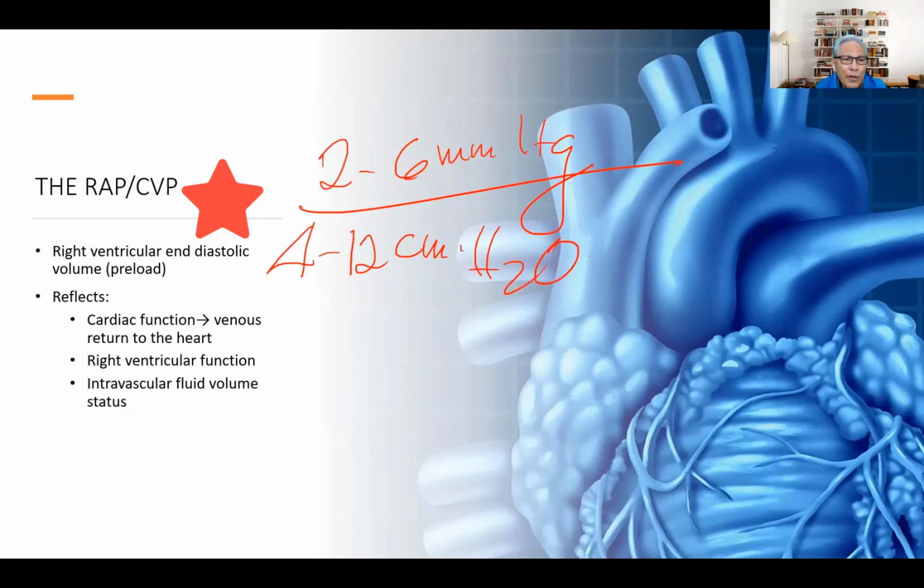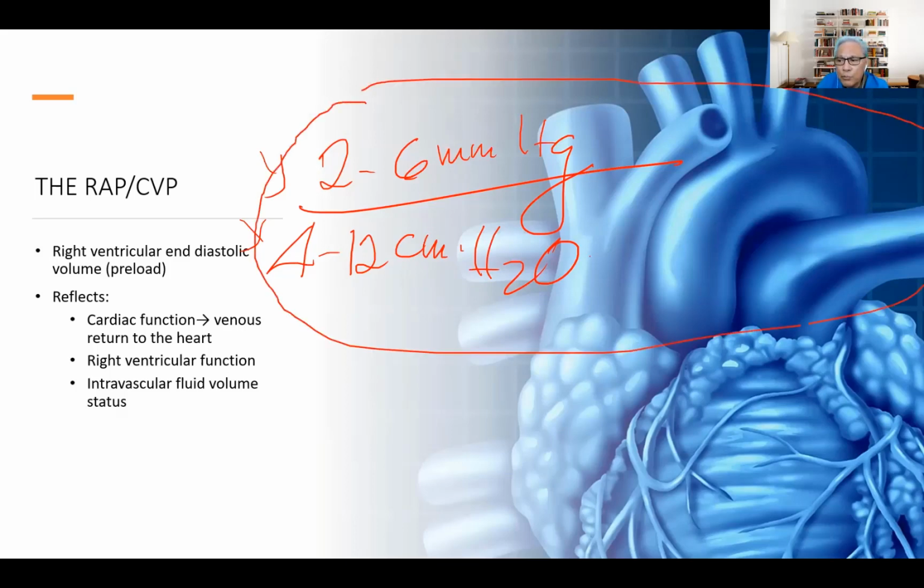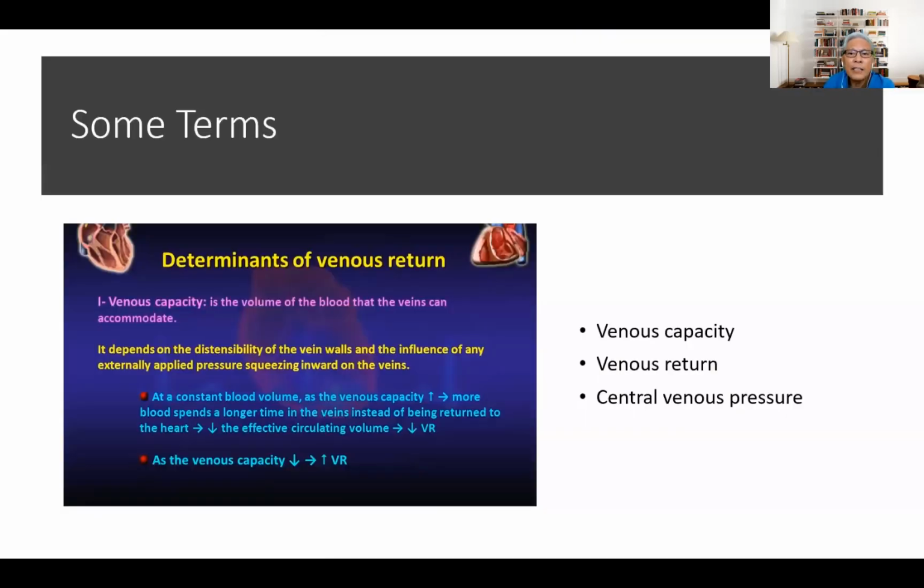Now, there are some variations. Some books might say 3 to 7 or 3 to 8 and so on, but nonetheless, this is an average of what the usual values are going to be. So let's take a look at some of the determinants of venous return, because you remember CVP is influenced by preload and is determined by two things.